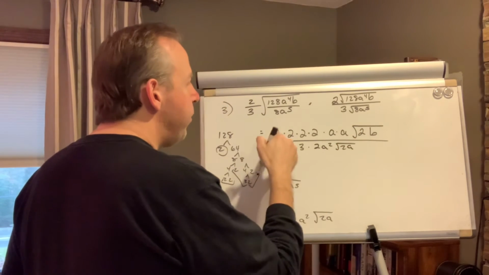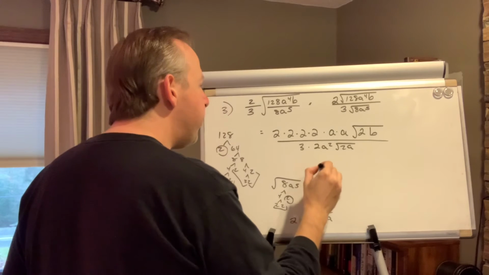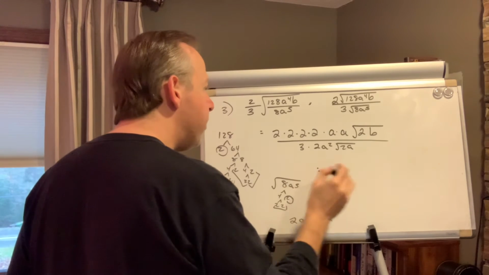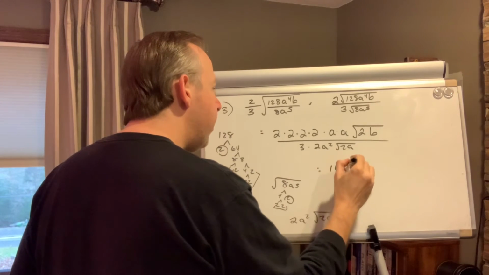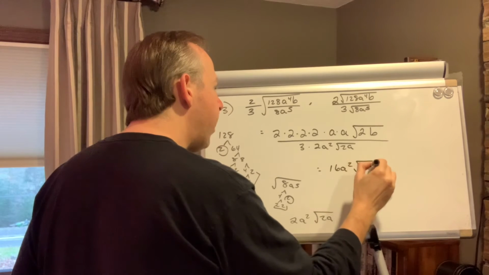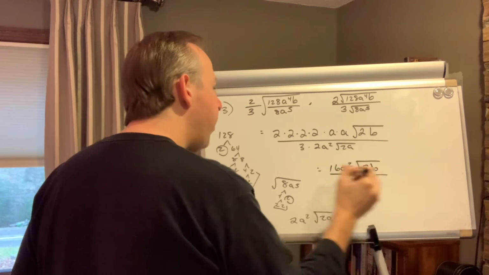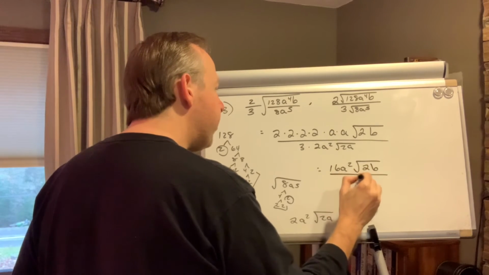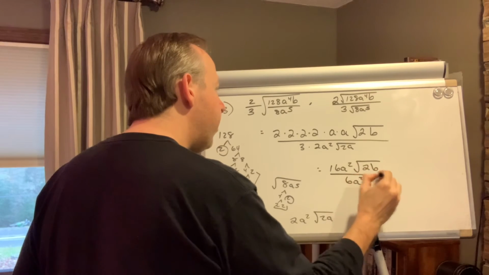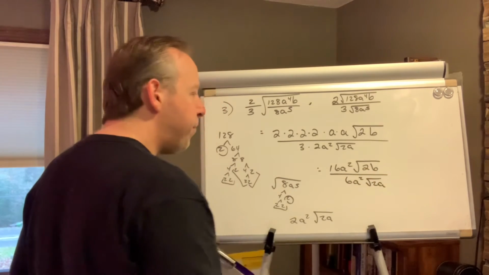Okay, so 2 times 2 times 2 times 2 is 16a squared radical 2b over 3 times 2, which is 6a squared radical 2a.